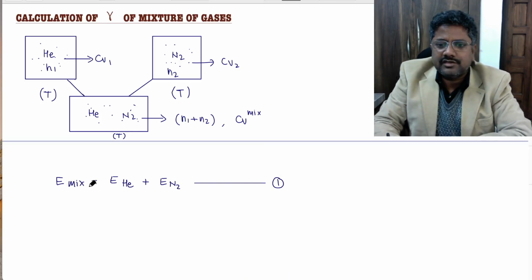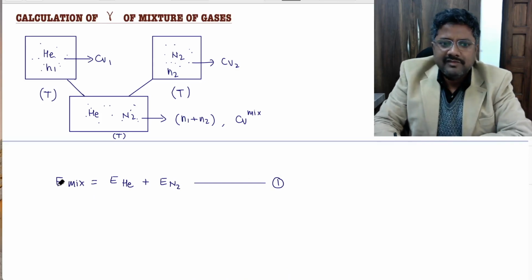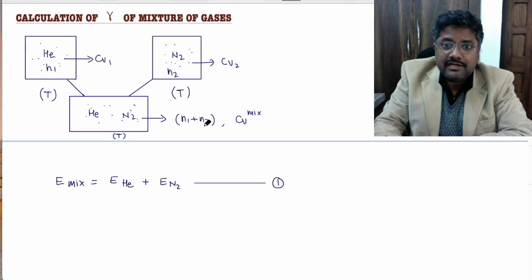Energy of the mixture, you have the formula N Cv delta T or T, because the temperature is the same. So Cv mixture and N1 plus N2.